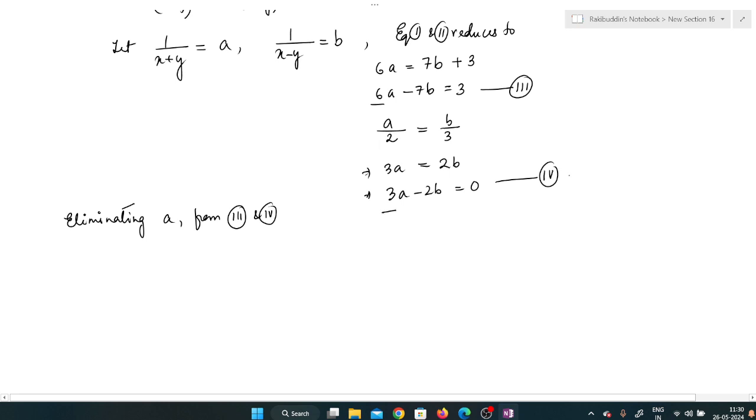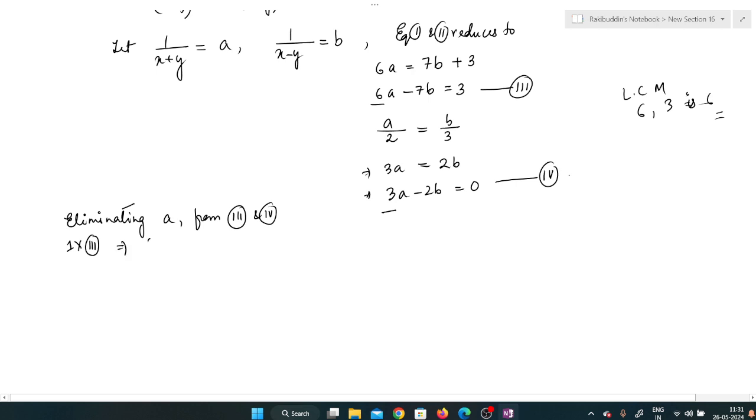I did not choose substitution again because there are variables as coefficients. Now in 3 it is 6 and in 4 it is 3. The LCM of 6 and 3 is 6 only. So I don't need to multiply equation 3 by anything.